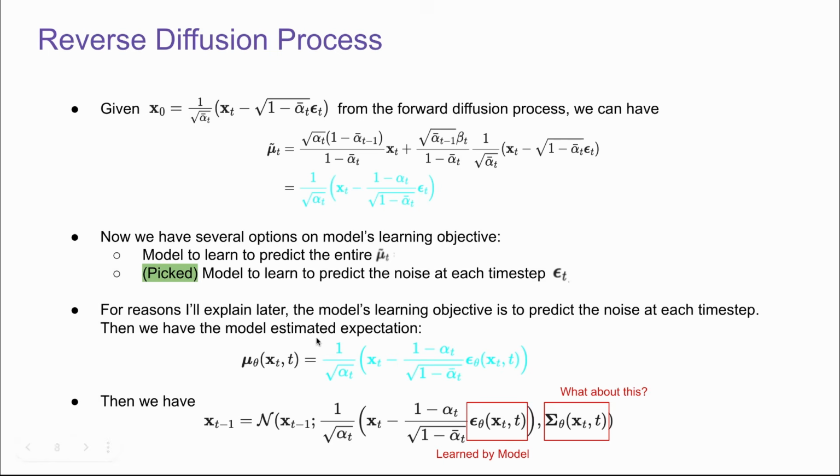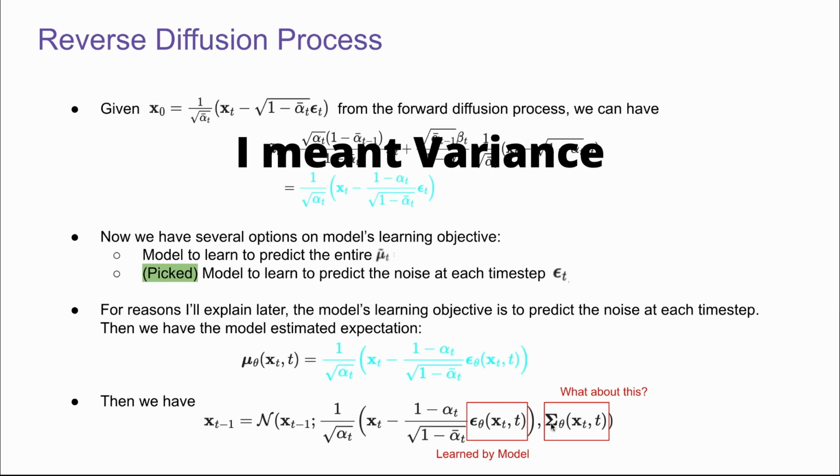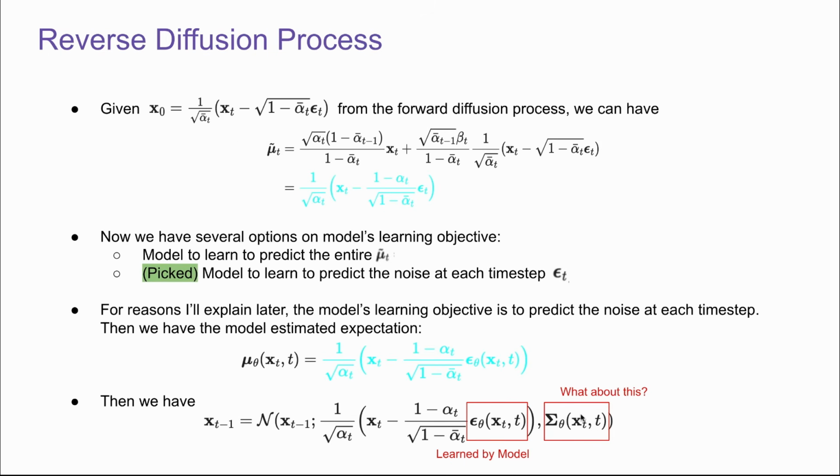Then we have the model estimated expectation mu theta given xt and t to be this formula. Now, if you remember, our goal is to have an approximation distribution p theta of xt minus 1 given xt. This is the distribution. It's a normal distribution. We have the expectation here. It's a parameter learned by the model. What about the standard deviation? It's another parameter that we need to learn by the model, right?